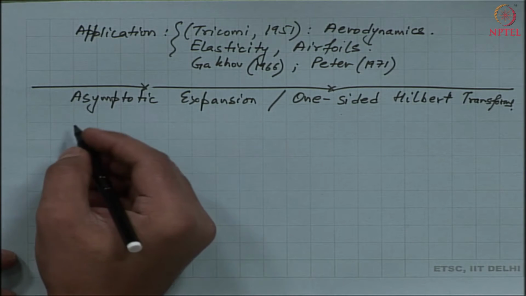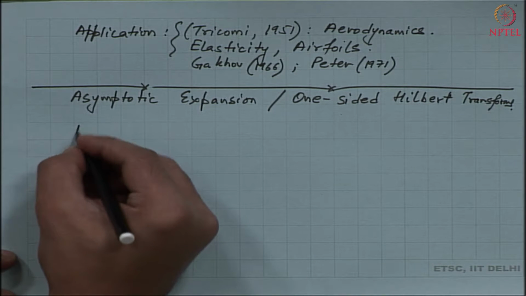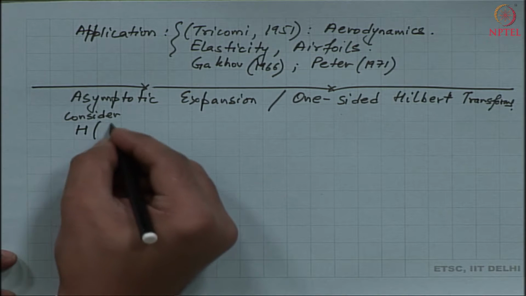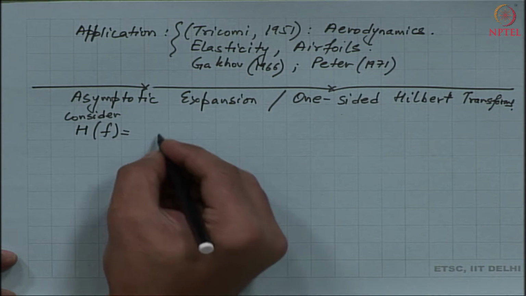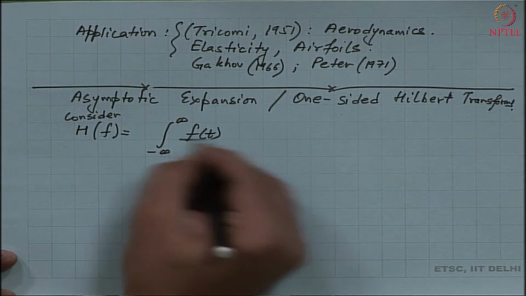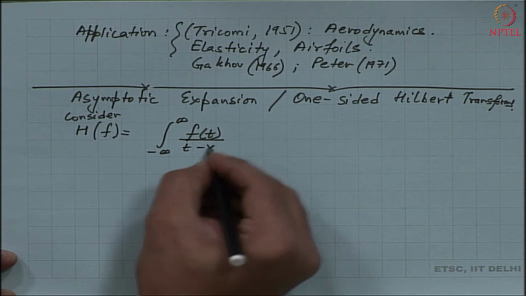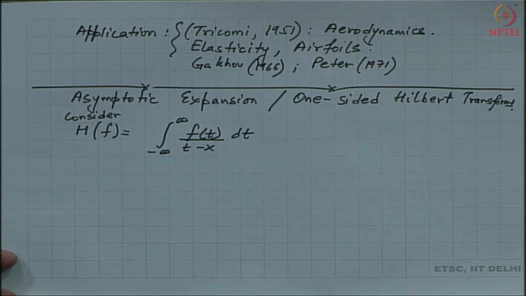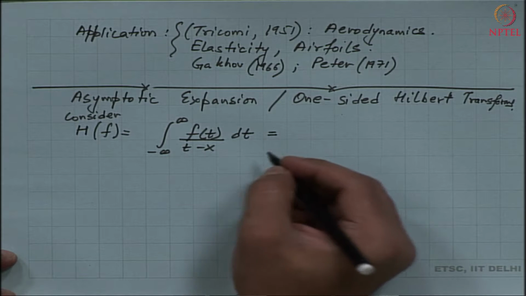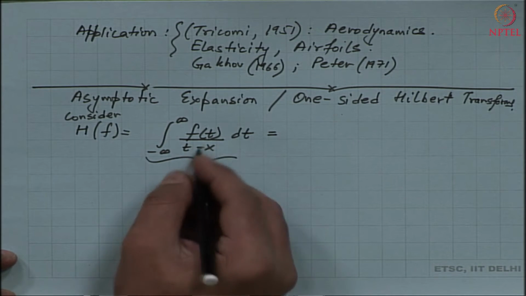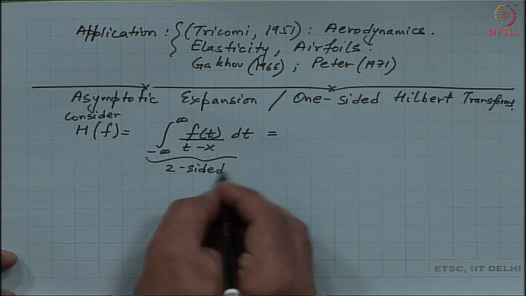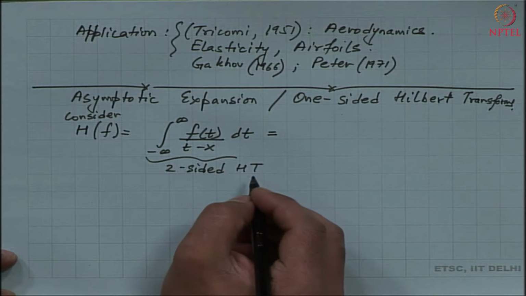So, what I mean by that is, consider the Hilbert transform again. Consider the Hilbert transform of f, which is given by the integral from negative infinity to infinity of f of t divided by t minus x, dt. So, I call this the standard Hilbert transform or the two-sided Hilbert transform.